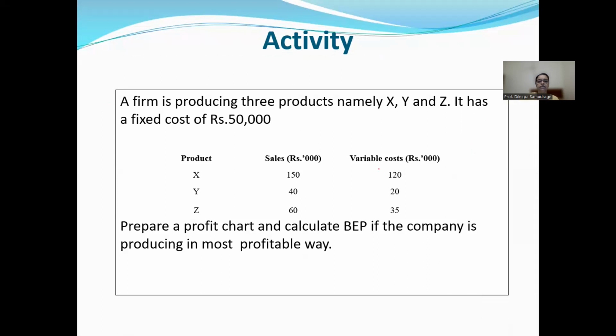It is easy if you write your calculation this way: X, Y, Z horizontally, then here you write sales, then variable cost, then contribution, then CS ratio.